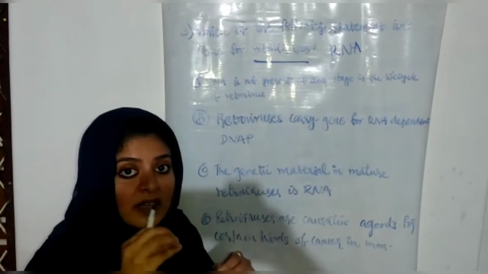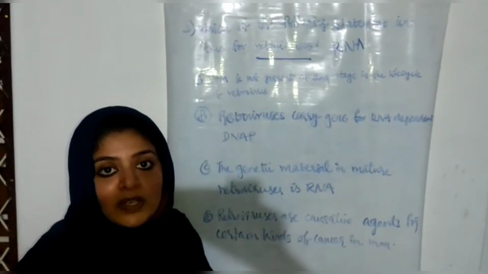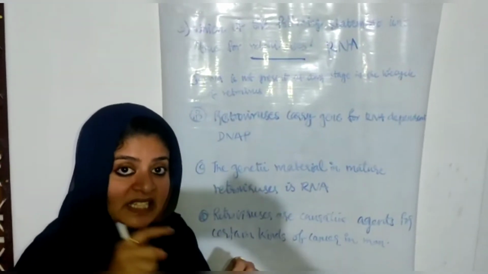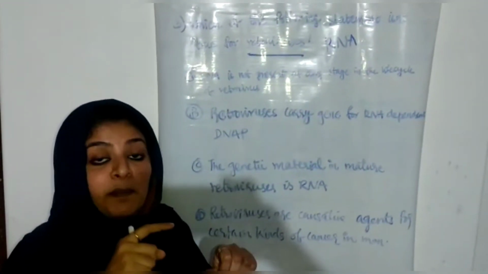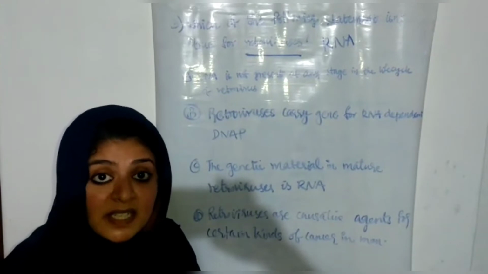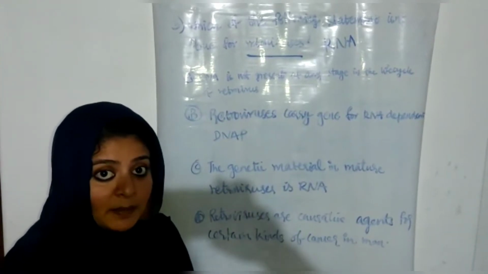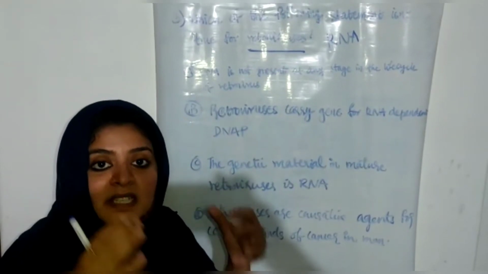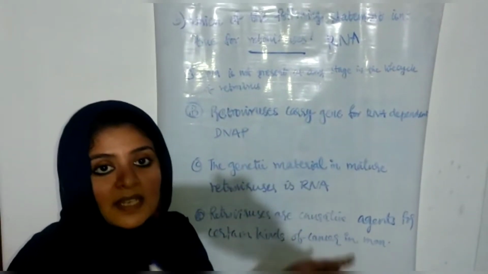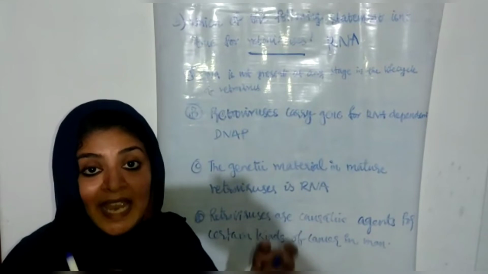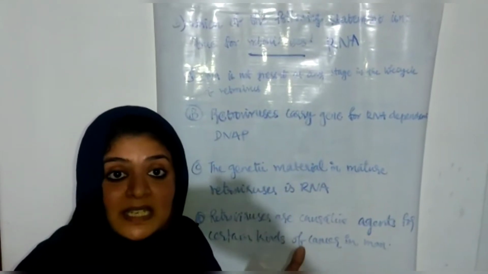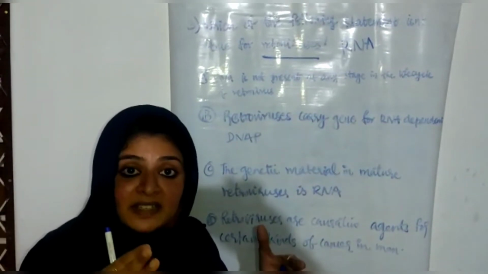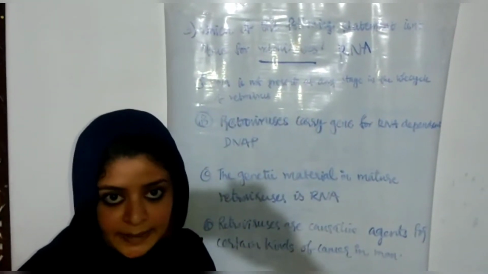But on reaching a host, it makes a DNA copy of its genetic material, which gets inserted into the host, and then it infects the host. These retroviruses cause many diseases like HIV, AIDS, or cancers like human T-cell leukemia, and these are mostly deadly.